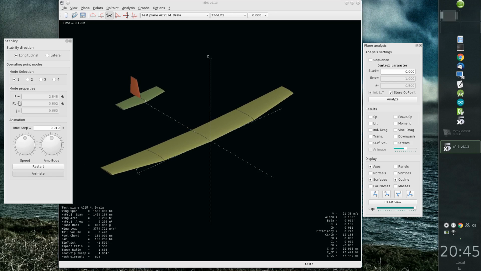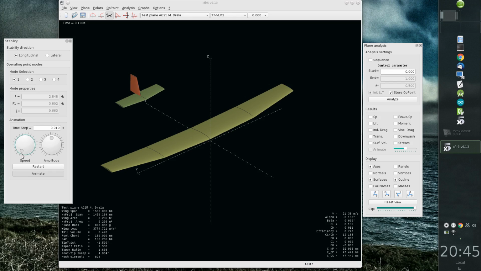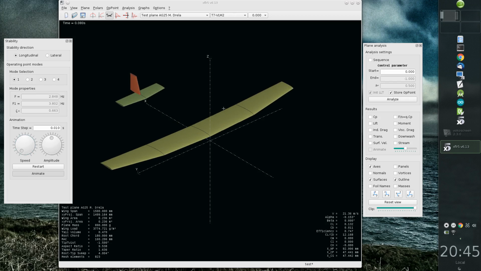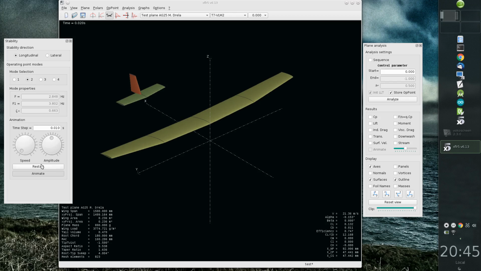Now we see that when I restart the analysis, and I'll run it very slowly, we start at a position where the plane is not at its level flight steady state, and it goes back to level flight pretty fast. We see after 0.200 milliseconds we have already returned to horizontal flight. So that's a stable mode, and it's called a short period mode. And the second one is exactly the same.